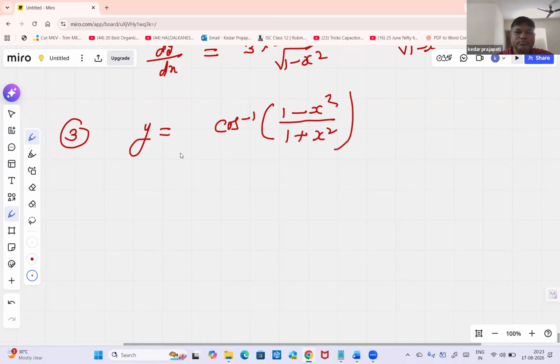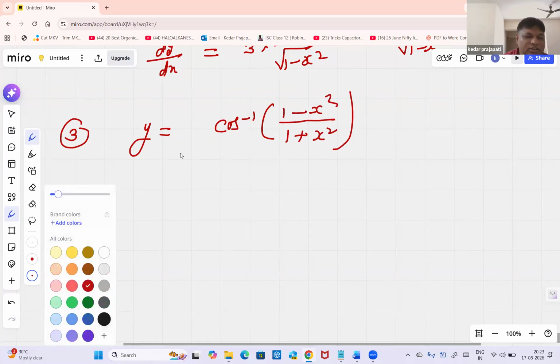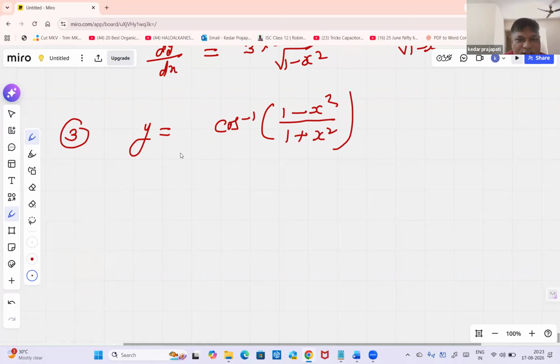Right? So, beta, now we have to think. How to think? Just see what is outside. Outside cos inverse is there, right? So if inside I write it in terms of cos of something, then this cos and this cos inverse will get cancelled.